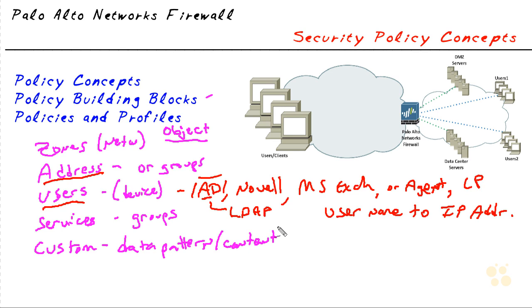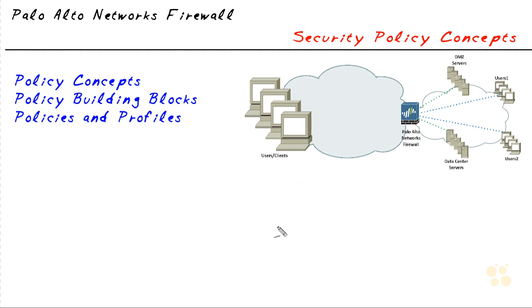Now, with my addresses, which is probably going to be the most common thing I'm defining, there are lots of different ways that we can look at it. And let me clear these here real quick. Okay, so as I go to define my address, it could be set as an IP, so a host.